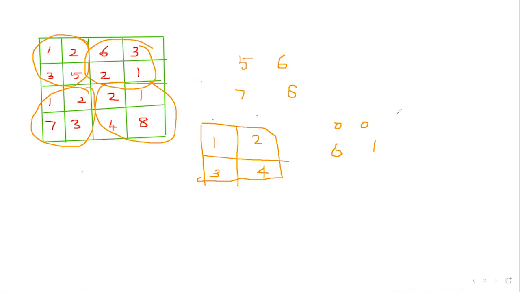So here there is 2, so it is going to be 2, 0, 0, 0. And then this is going to be 0, 0, 3, 0, something like this. So 0, 0, 0, 4. So from input 2 cross 2, we are getting it to 4 cross 4, right?